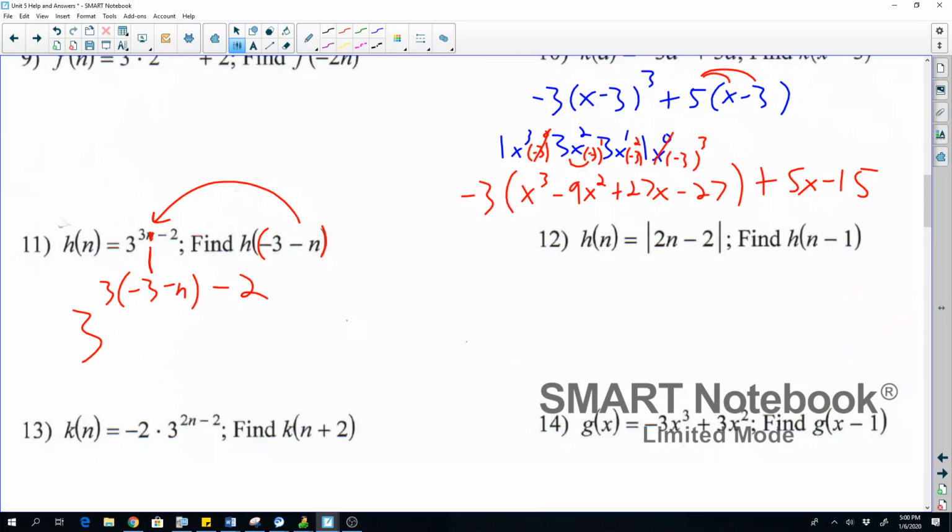Okay, so then we just distribute that through. 3 times 3 is 9, so 3 to the negative 9, and then 3 times n is minus 3n, and then minus 2. Cool. So then we could probably just leave that as our answer. So that's for number 11.